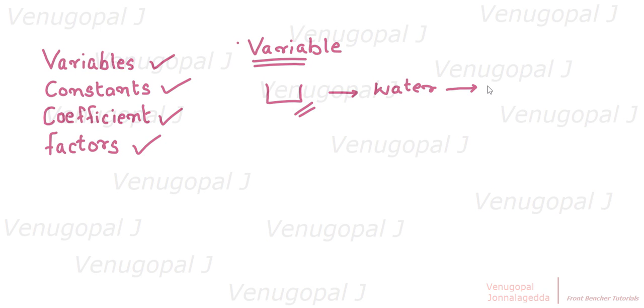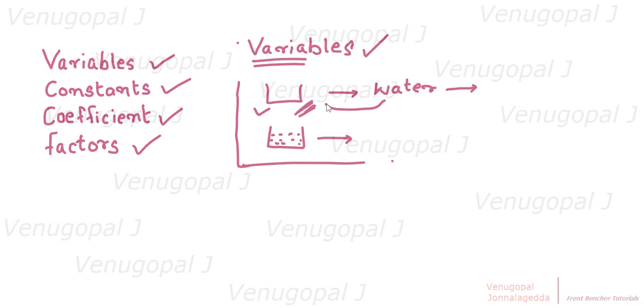Just think over it. If I give you this container, carrying this water becomes easy for you. You take this container, fill the water in it, and you can carry it. Similarly, in mathematics you have something called variables, which do what this container does.